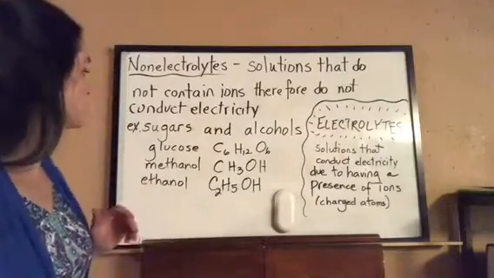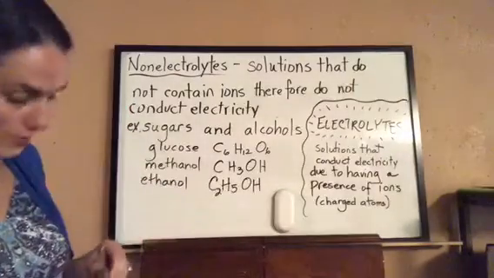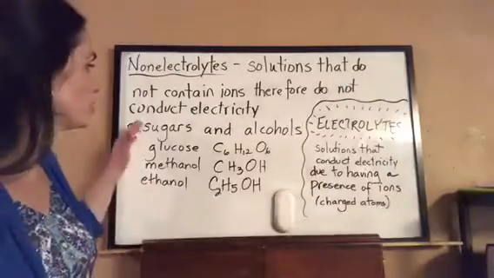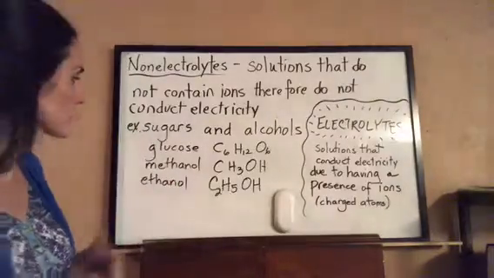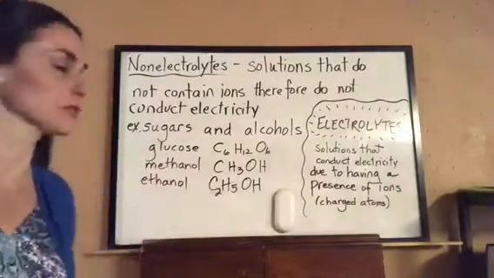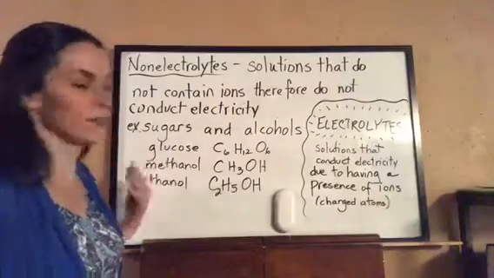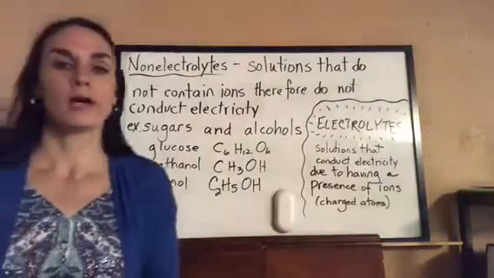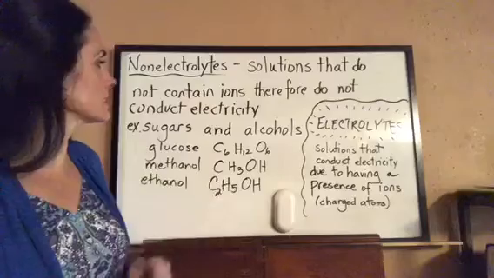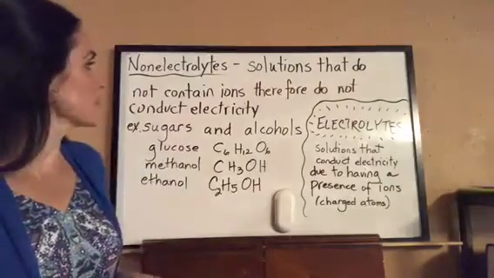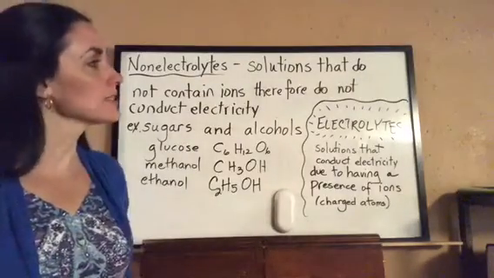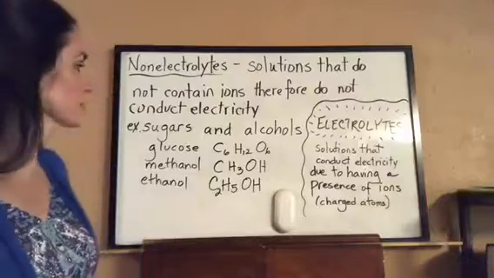And prime examples of solutions that would be non-electrolytes would be sugars and alcohols. Sugars like glucose, sucrose, fructose, and alcohols like methanol, ethanol, isopropanol. So these substances do not contain ions, therefore they do not conduct electricity.